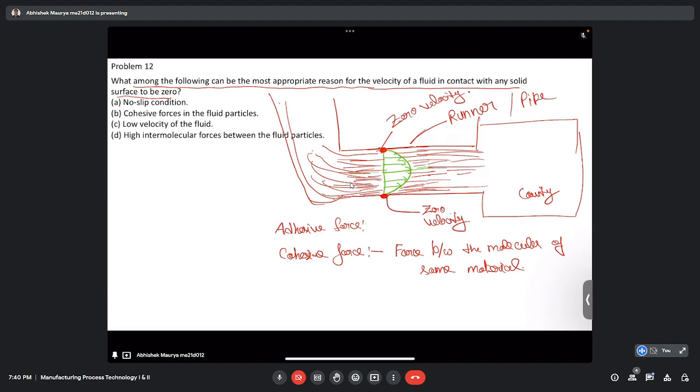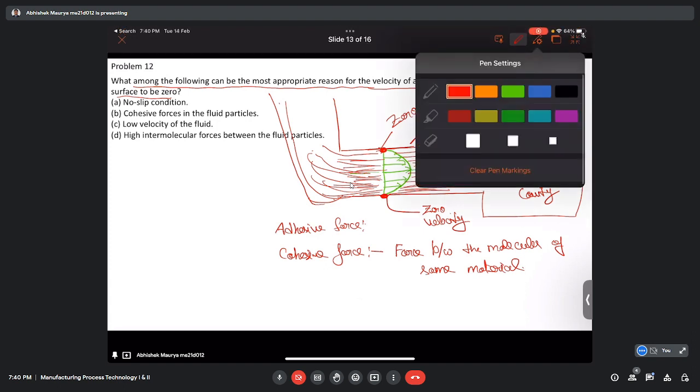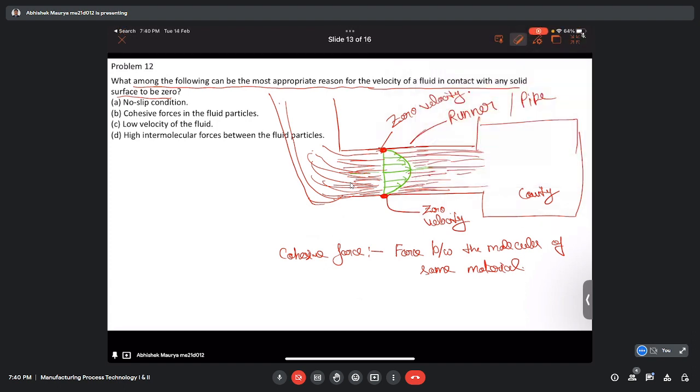Whereas the adhesive force is the force between molecules of different materials, or I should write here, force between molecules of dissimilar material.